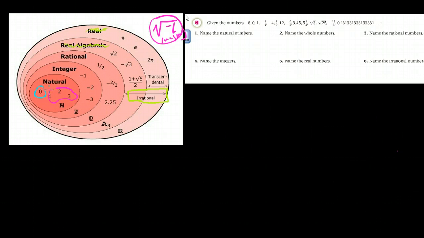Then we add to that 0, we have the whole numbers. Whole numbers start with 0 and then go on positively infinitely. When we include with 0 the negative numbers, we now have the integers. So integers are whole numbers and their opposites. They include 0 even though 0 is neither positive nor negative.